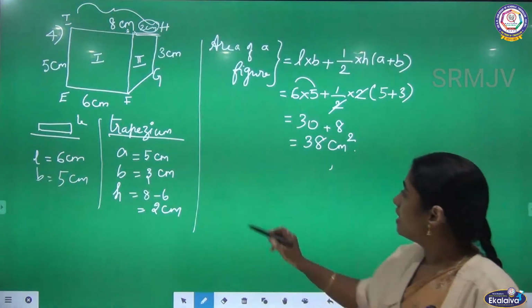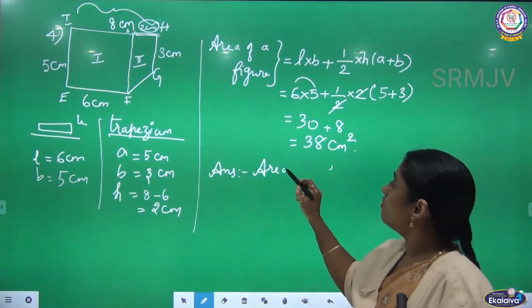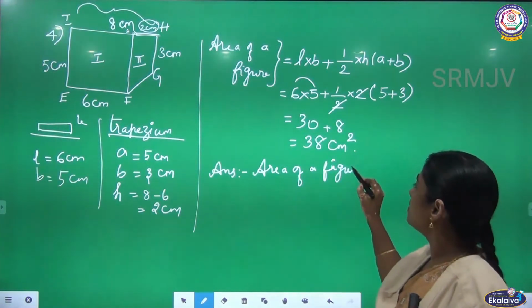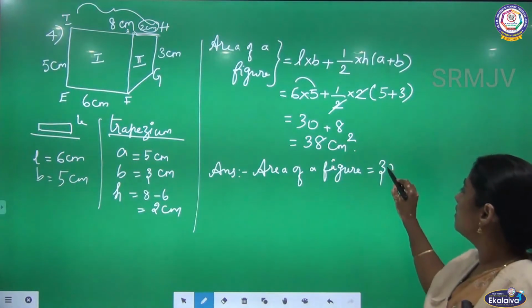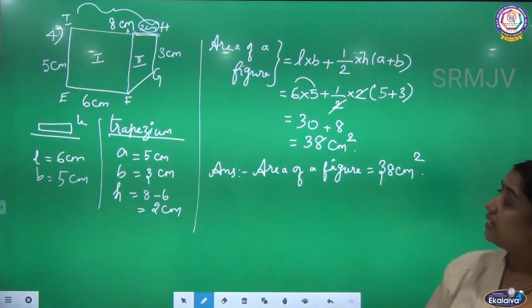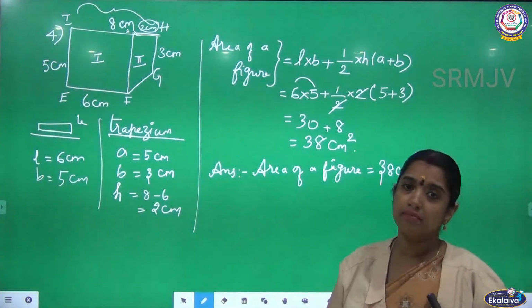Can you clear this? Now write the answer. Listen, area of the figure is equal to 38 centimeter square. Can you clear this, children? Shall we move on to the next sum?